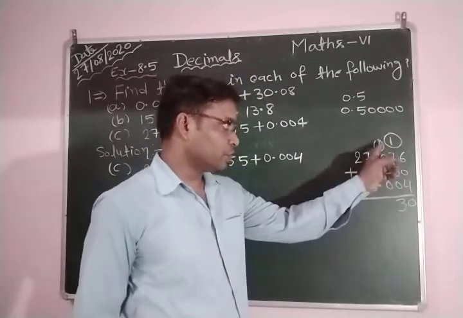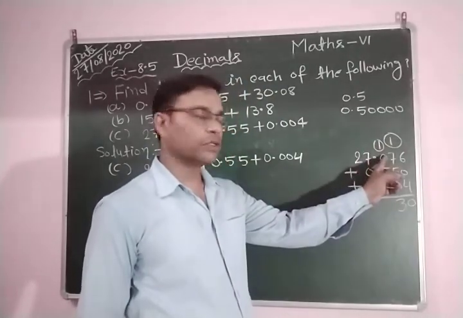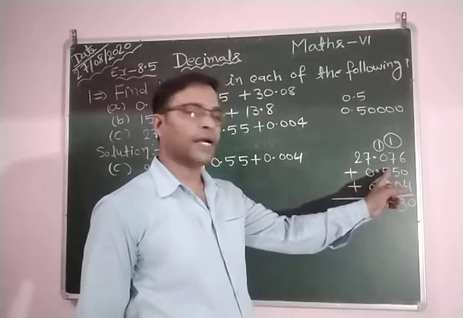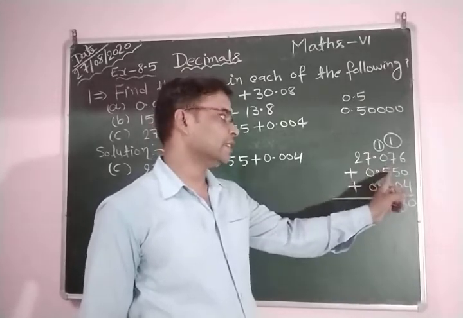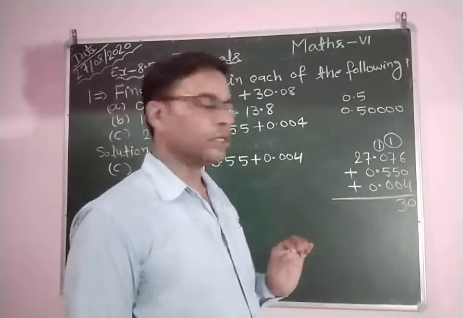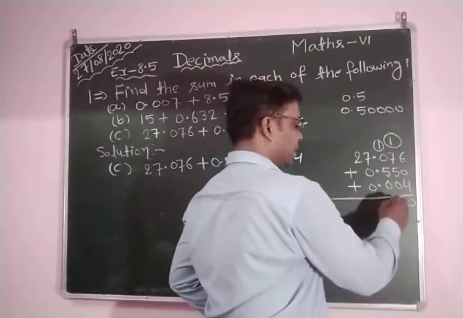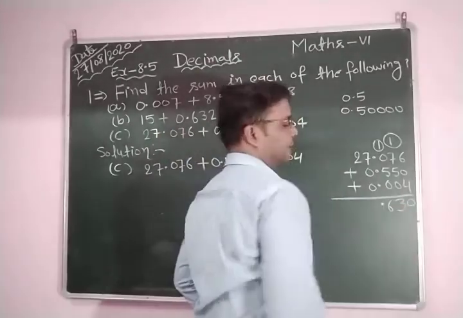Okay. So 1 plus 0 is equal to 1. 1 plus 5 is equal to 6. 6 plus 0 is again 6. Okay. After this we write here a decimal point.